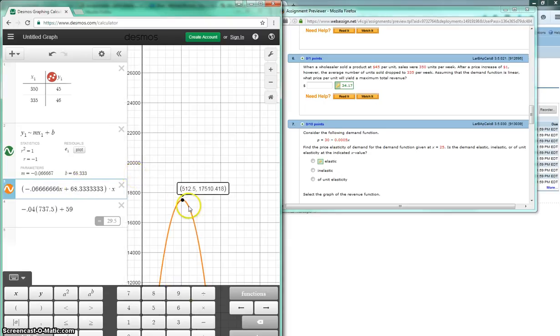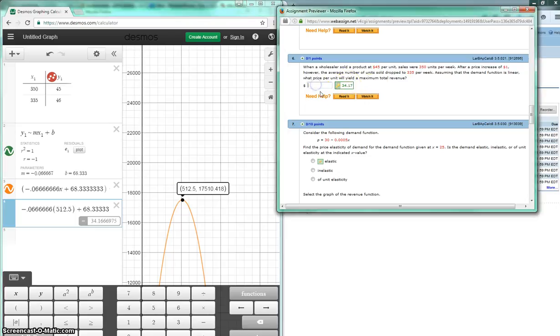So we see that I have this max at 512.5. And now I get something, oh, different equation. Here's this 34.17. So it helps if you put in the right numbers as your data points, the 335.